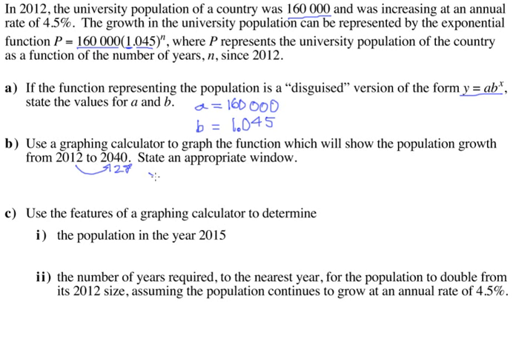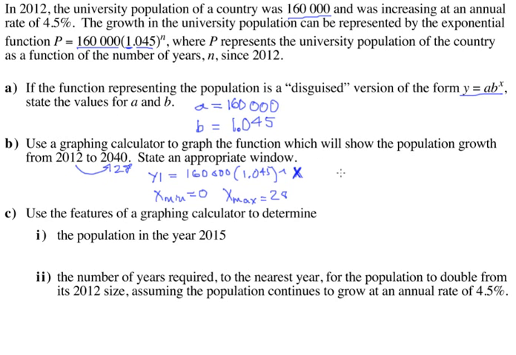So when you graphed this, you'd have y1 equals 160,000 times 1.045 to the power of x, assuming your calculator doesn't have n in it. And for your windows, you'd want to have an x-min of probably 0. That would start you right at 2012. And your x-max would be 28, meaning 28 years later. That'll take you to 2040.